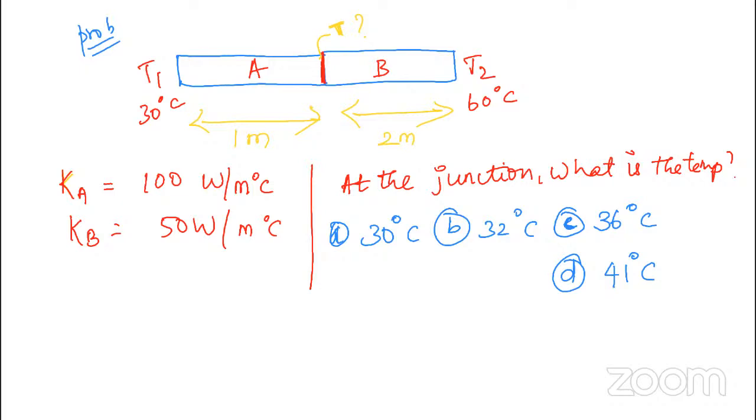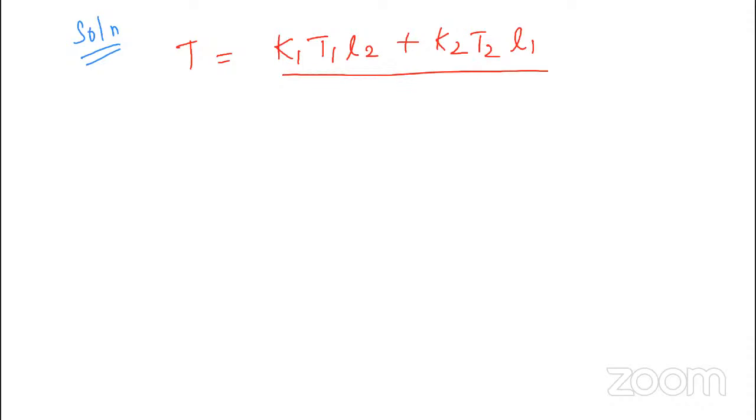We have to substitute in that formula. Let us write the formula and go for the solution of this problem. T is equal to K1 T1 L2 plus K2 T2 L1 divided by K1 L2 plus K2 L1.